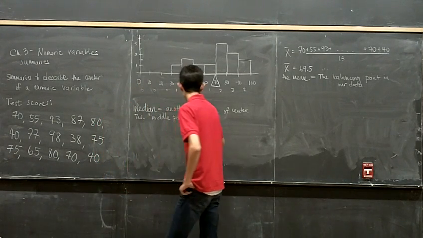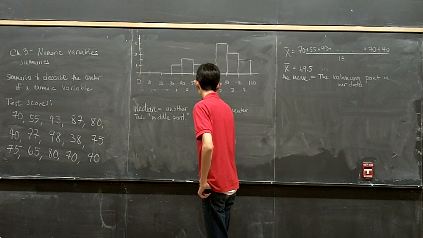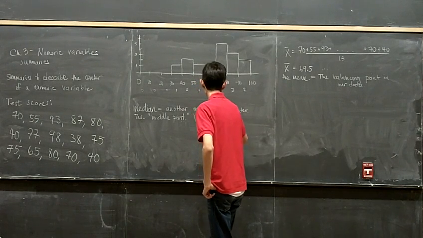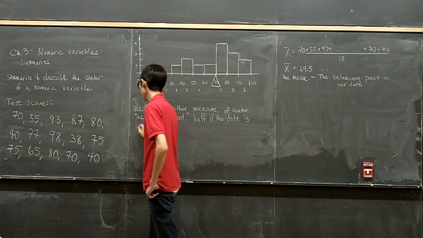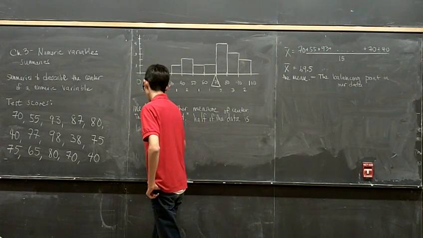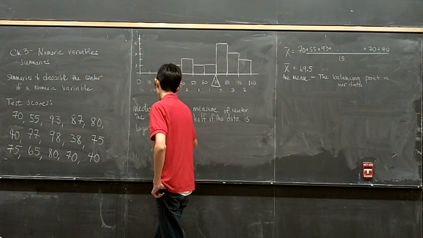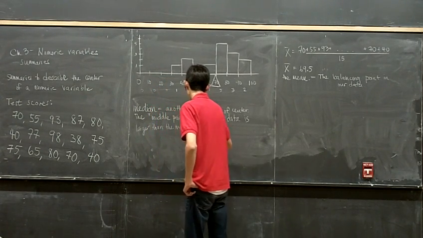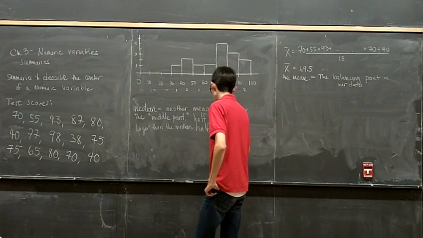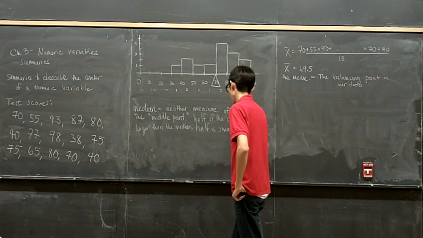Half of the data is larger than the median. Half is smaller.